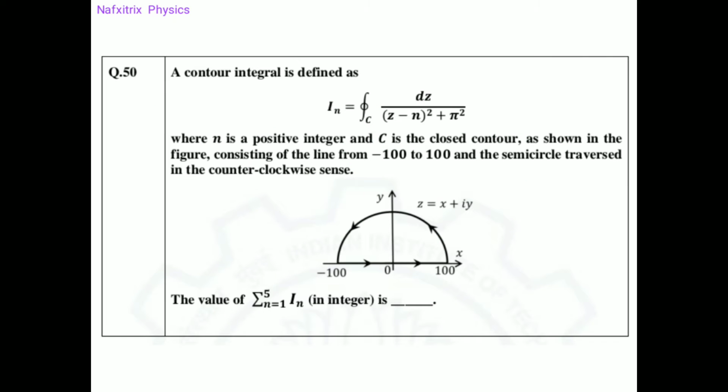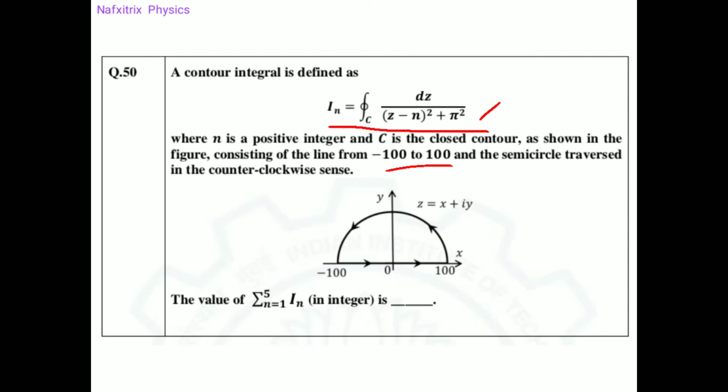A contour integral is defined as I_n equals the integral over a closed path of dz divided by (z minus n) whole square plus pi square, where n is a positive integer and C is a closed contour, as shown in the figure, consisting of the line from minus 100 to plus 100.